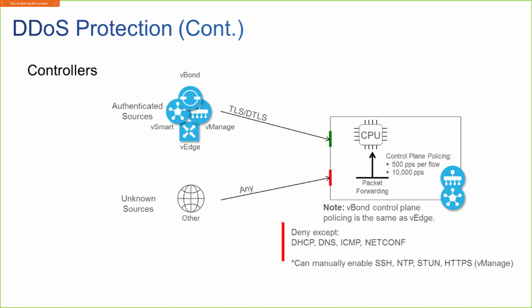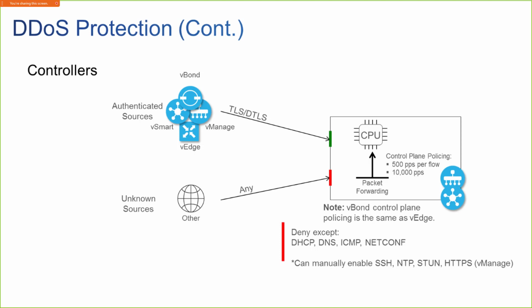We can say, for example, let's go ahead and deny anything to the CPU except maybe DHCP traffic, ICMP traffic, or netconf. We can also enable things like STUN, NTP, and HTTPS. These would be protocols specific to vManage, but the idea is that we're protecting the control plane from being overloaded with superfluous information or information that's not necessary to manage the domain.